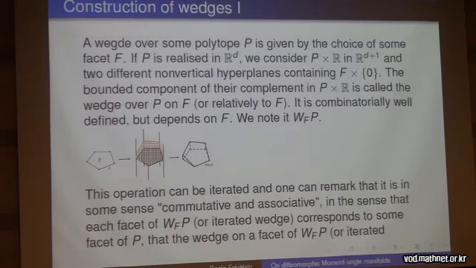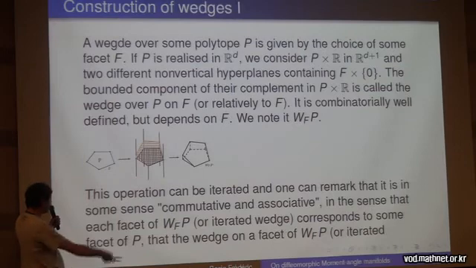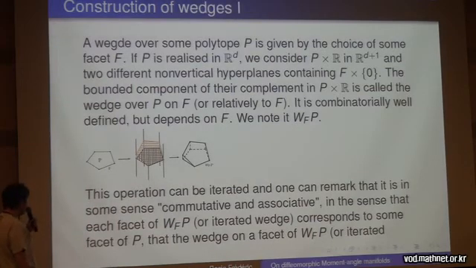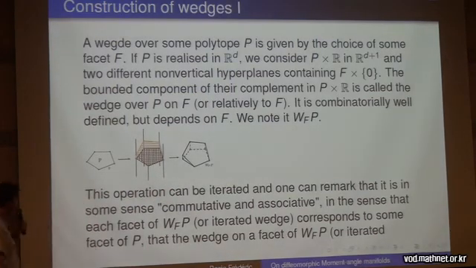When you look at the wedge, you can see that its facets correspond to facets of the former polytope. By projections, every facet except the top and bottom corresponds naturally to a facet of the initial polytope, and the top and bottom correspond to the facet on which you perform the wedge.